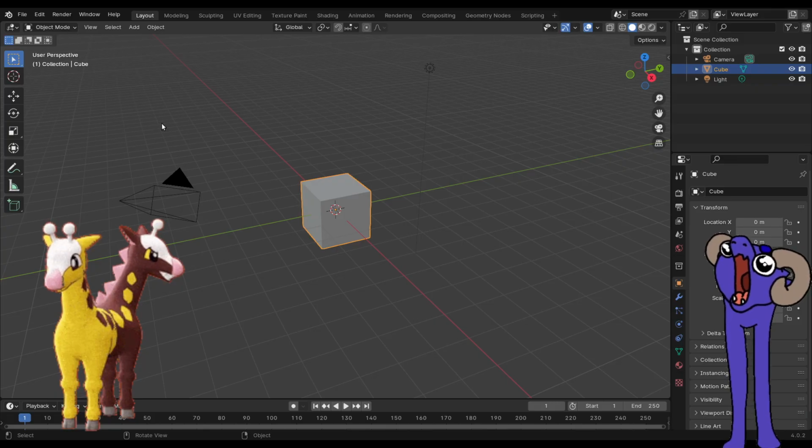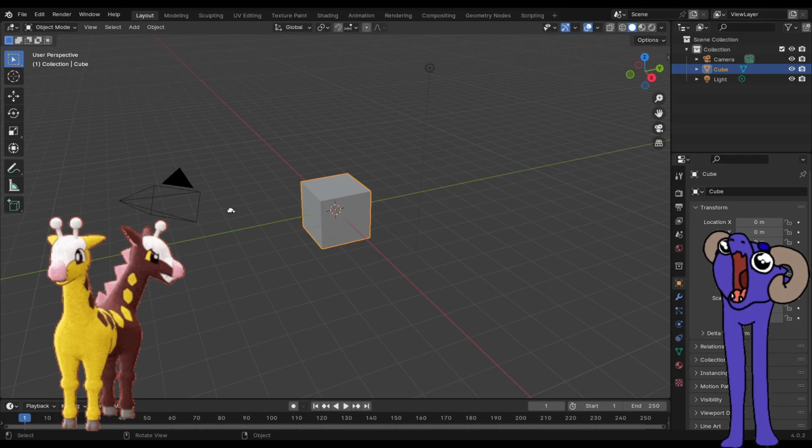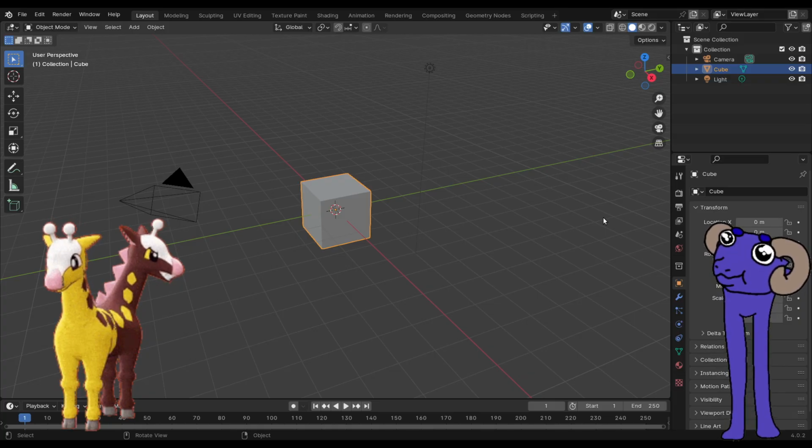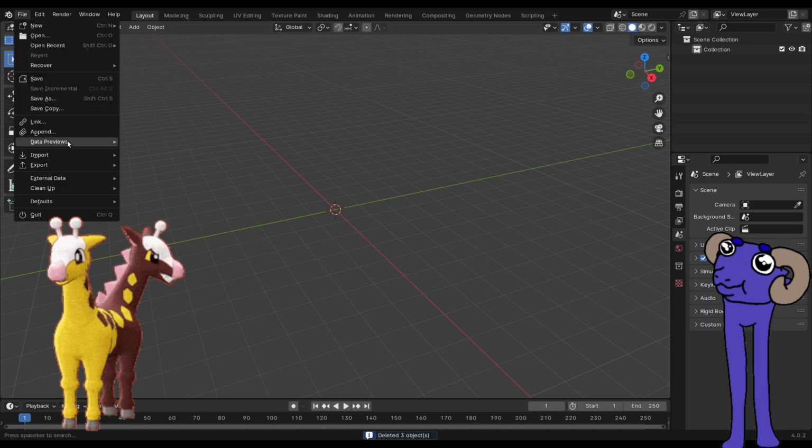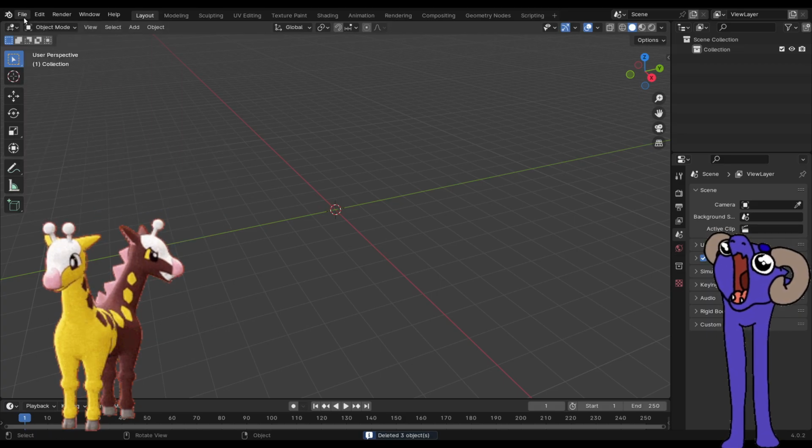Okay, so we get rid of all of that, and then we shove all this in here, and then we also get rid of you. Okay, so these ones have FBX files for them, which is kind of cool. Sacrifice the default cube for good luck.